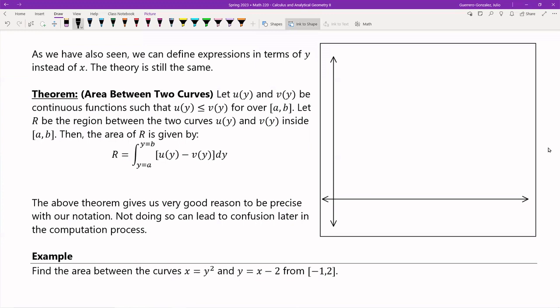And I'm going to put down two curves where the independent variable is the y variable. So that's basically something that runs downward like this. All right, I'm going to do another one over here. So this one's going to be my v of y, and this one's going to be my u of y.